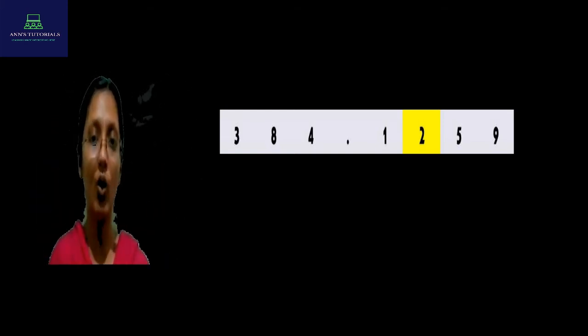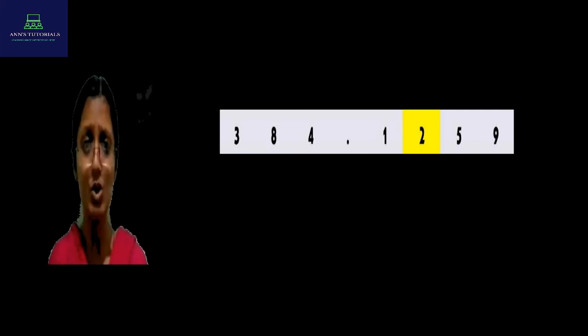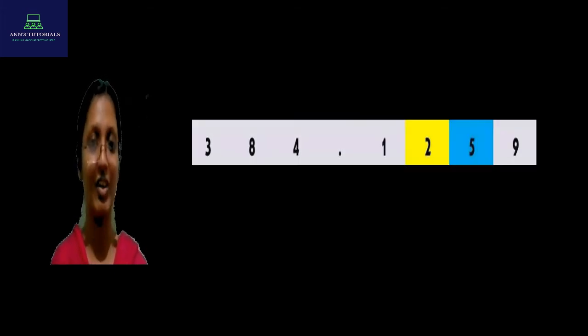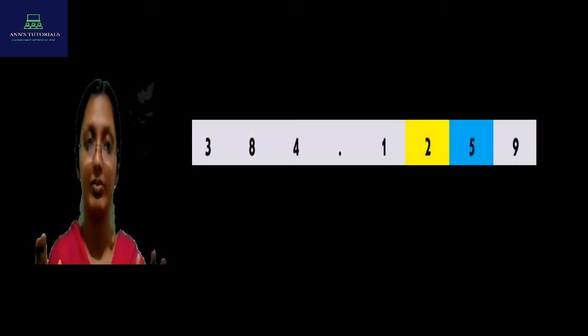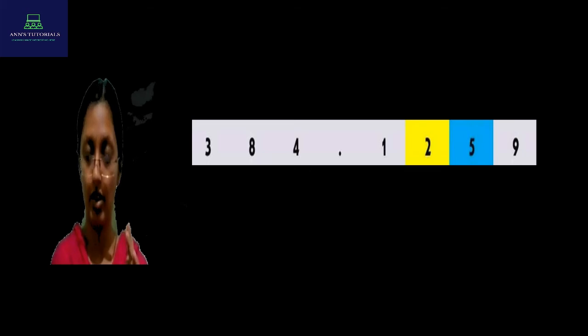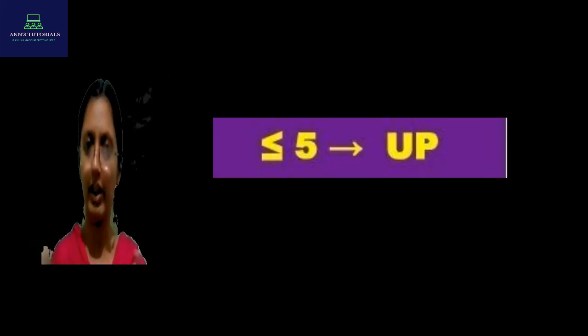Now this 2, we can either round up or round down by looking at the digit which is right next to it. So what is that digit? You're right. It is 5. So we will be rounding up, because for all the numbers which are greater than or equal to 5, we will be rounding up.